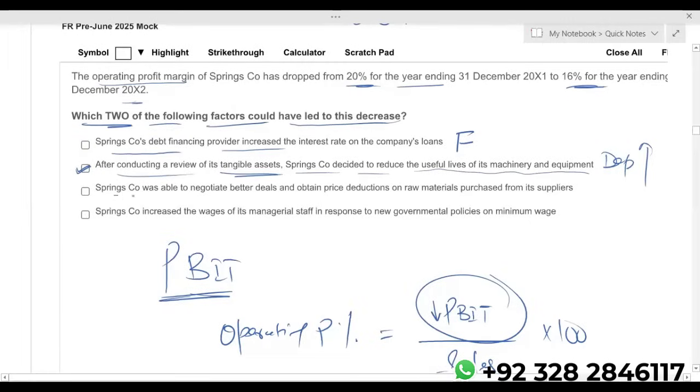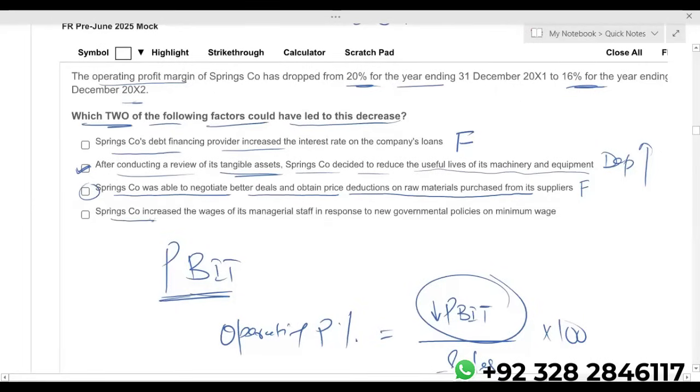Spring Company was able to negotiate better deals and obtain price deductions on raw material purchases from its supplier. This is false. This one will increase your PBIT, not decrease. So point number 3 could have increased your operating profit margin.